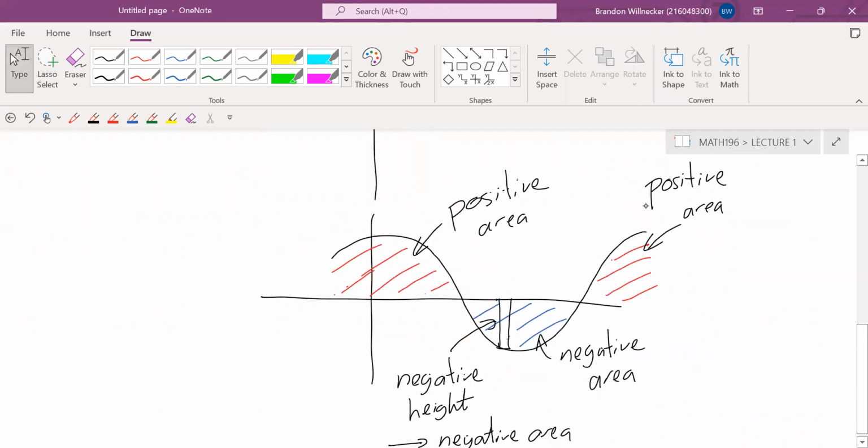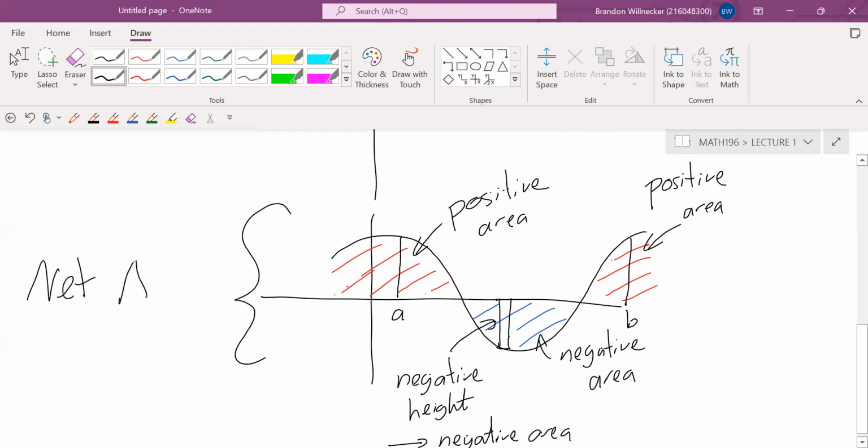So if we want to find the area from, let's say, a to b, then the positive area parts in red will add to the area, and these negative area parts in blue will then subtract from the area. So altogether, we get something called the net area. So there we look at the positive area contribution minus the negative area contribution. We get something called the net area.